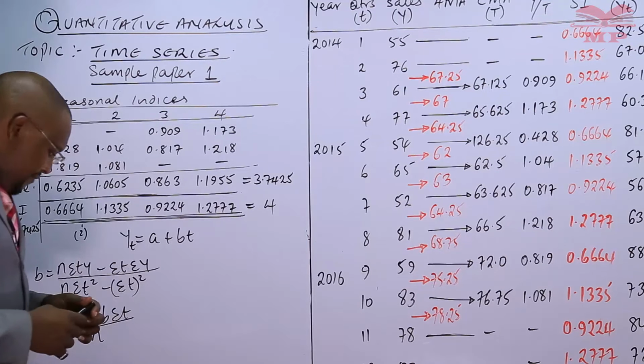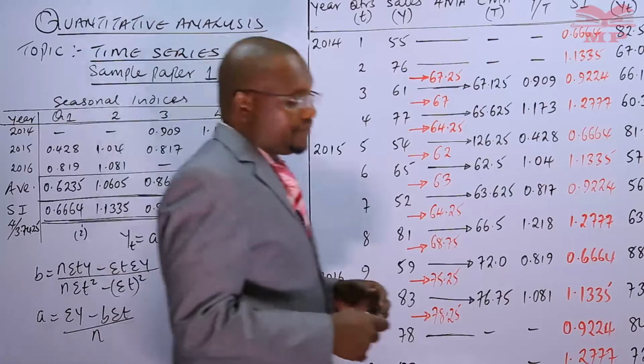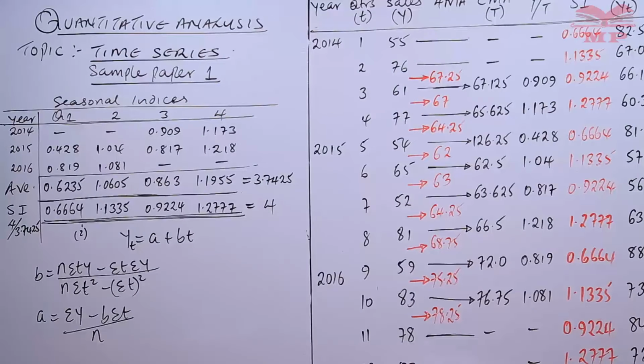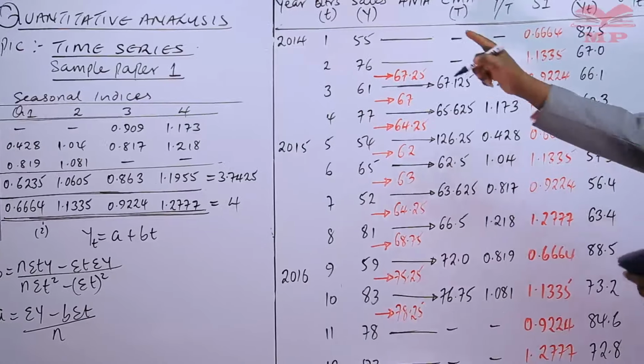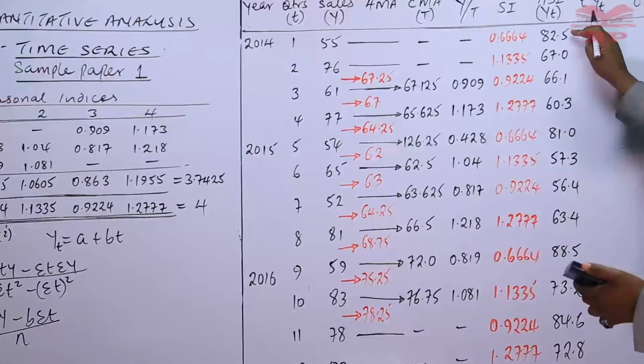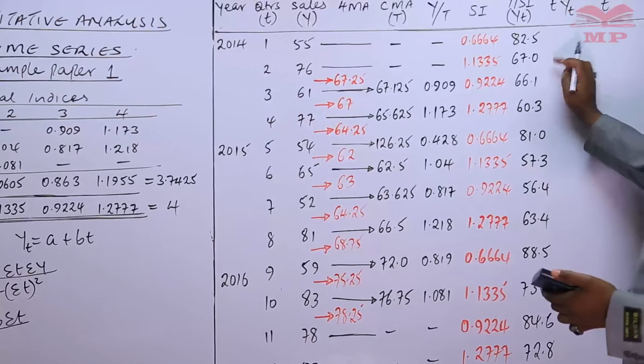So we can have our data as follows, and we can use the memory. So shift clear memory. We have our column t and our column ty, as in yt. So we can have the total.